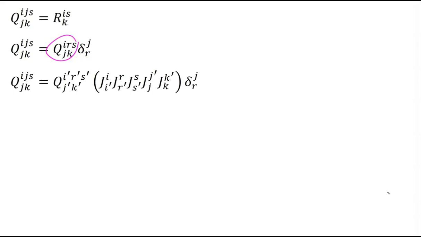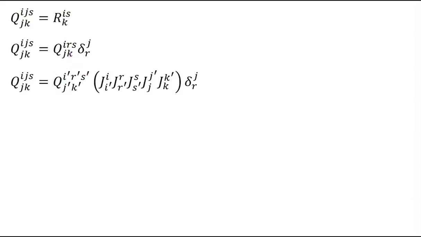The proof works just like it did for the inner product. We start by adding a delta factor, so we've changed j to r here and added this delta factor. And then that lets us replace this factor with its equivalent in the prime coordinate system, so it looks like this. These Jacobian factors combined with this factor are the same as this.